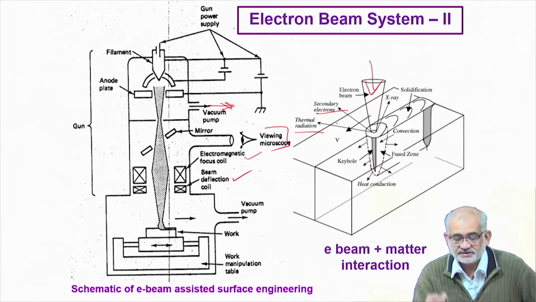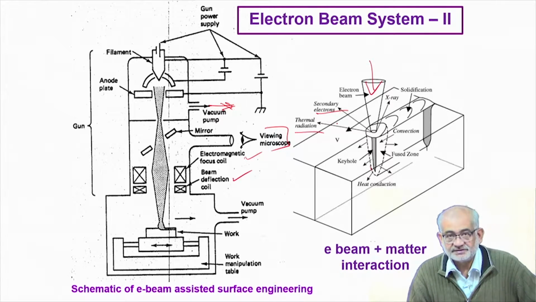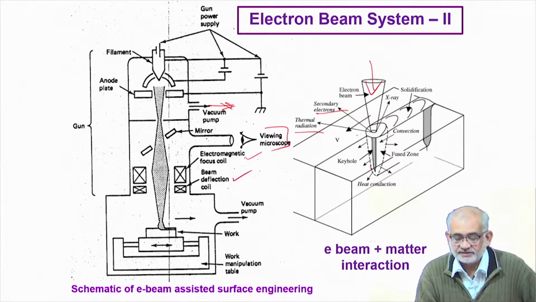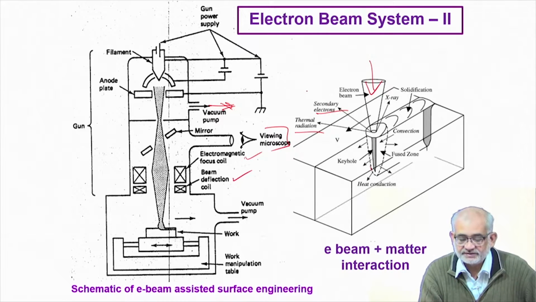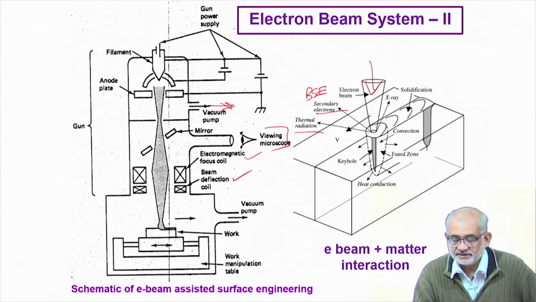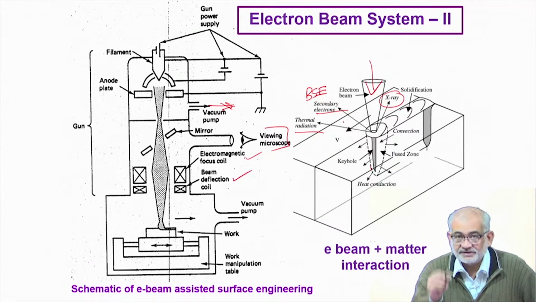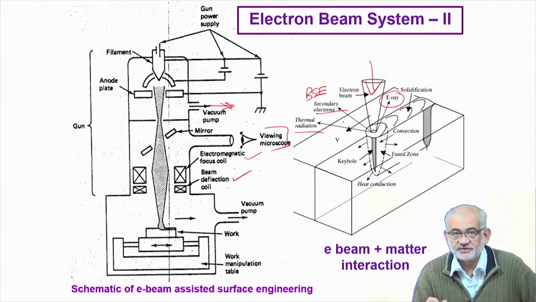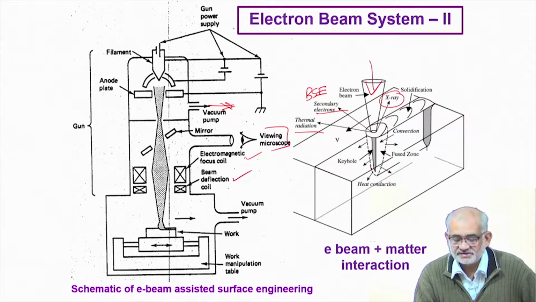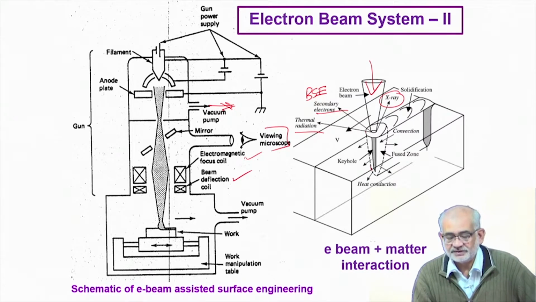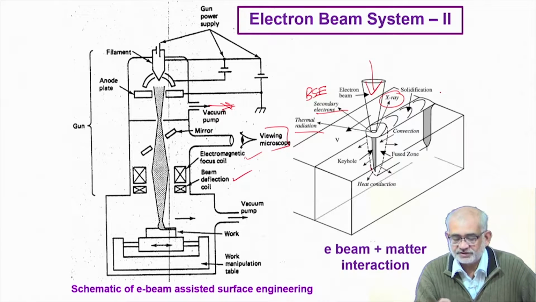They can certainly create heat radiation out of the surface. They can also create not only secondary electrons but also backscattered electrons. It can also emit a certain amount of X-rays, because you are rapidly decelerating the incoming stream of electrons, and that rapid deceleration can lead to emission of X-rays. So you need good protection around.